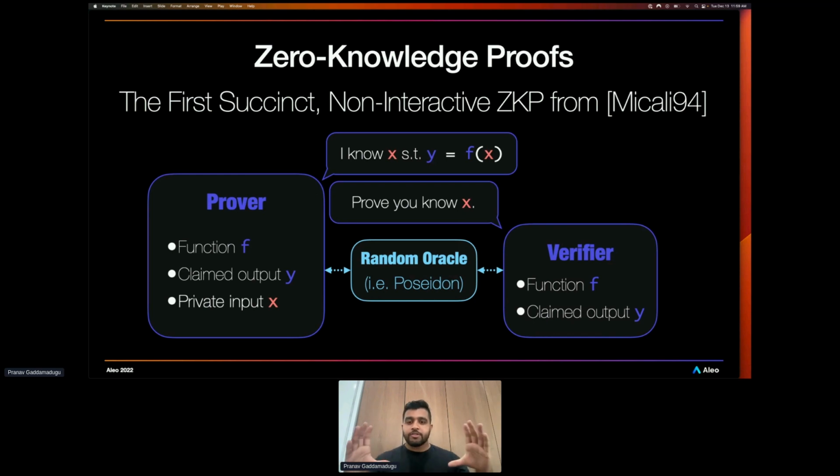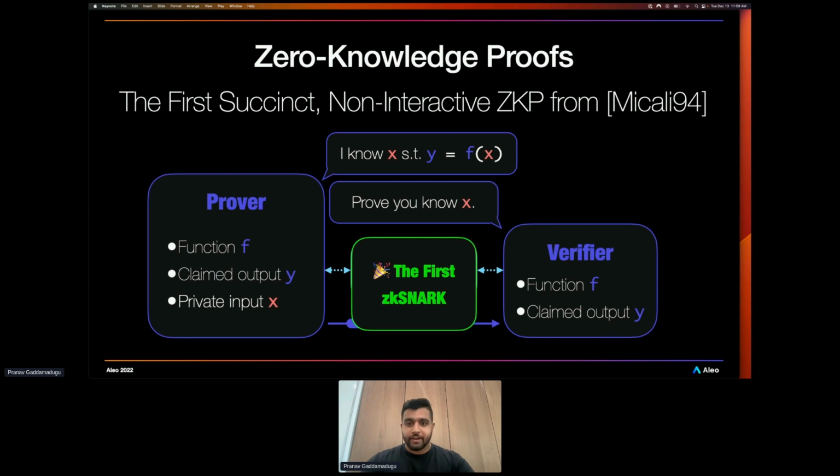And this common transcript basically tells the prover that, okay, these are the inputs that the verifier is going to challenge me on, and tells the verifier these are the inputs that you want to check on effectively. And in using this construction, the prover can then just submit a short proof to the verifier, and the verifier can check it quickly, and this gets us the first ZK snark.